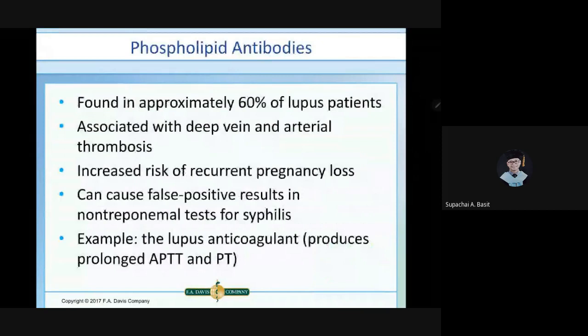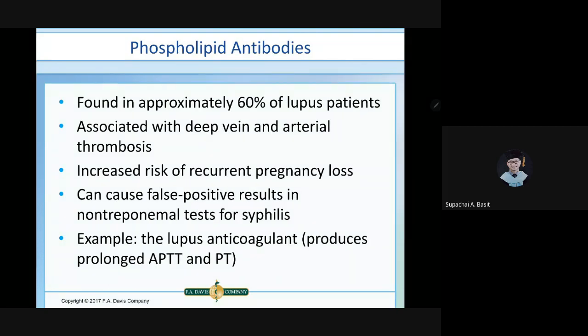Aside from that, we can also have the so-called phospholipid antibodies. Phospholipid antibodies can be found in approximately 60% of lupus patients. Meaning to say it is associated with deep vein and arterial thrombosis.